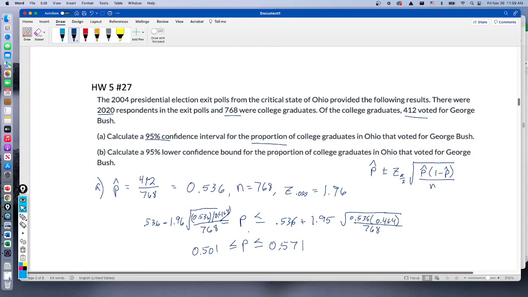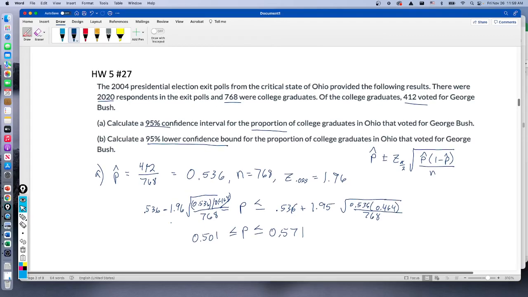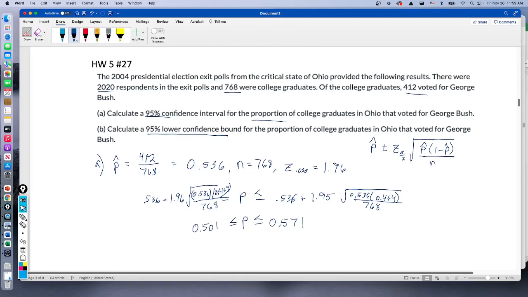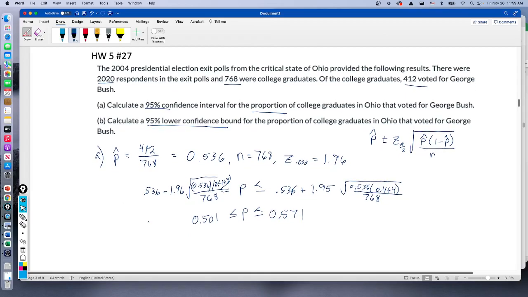We're going to go through basically the same process, except that we're doing a lower confidence bound, so 95%. We want to see what would be the bottom number we would expect, and so that 95%, that's a z of alpha 0.05, it's at the bottom half.